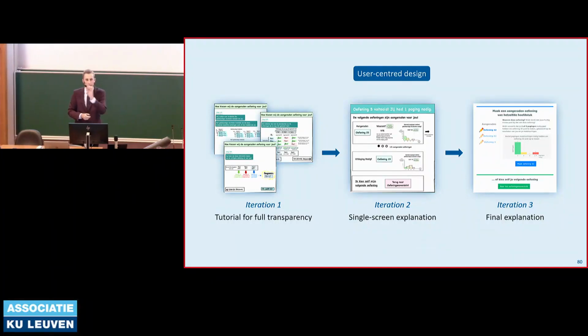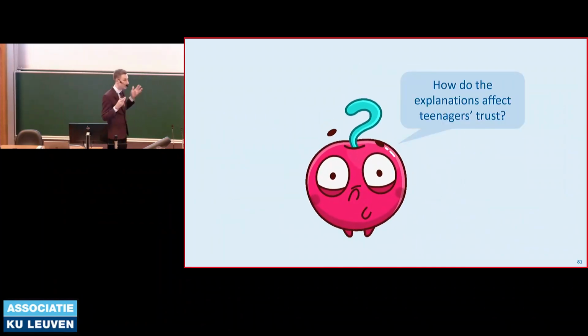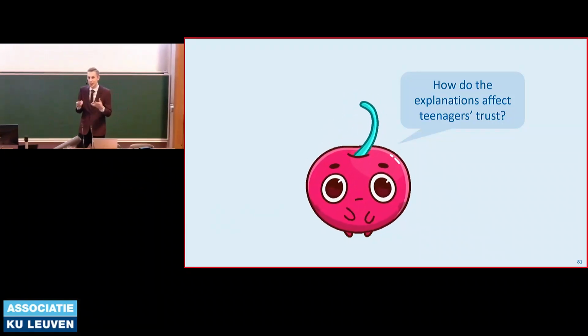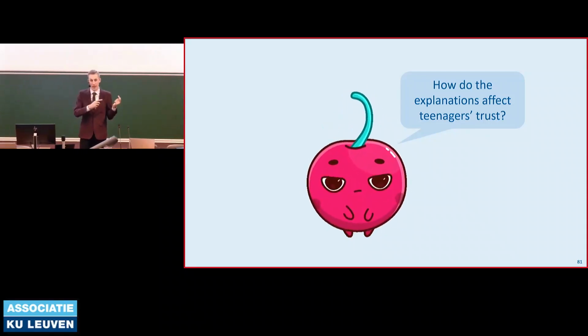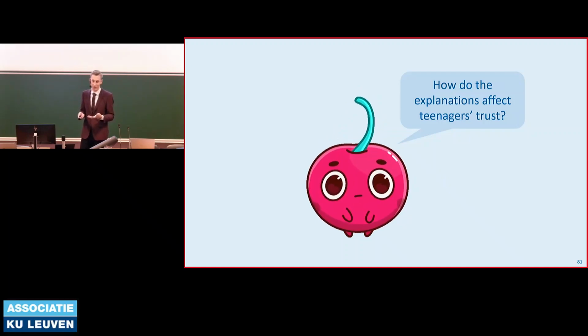They just wanted one simple screen, one simple visualization. That's the visualization that I showed you before. And again, we are researchers, so we're not just designing something, we also want to know what it does. Our question here was, how do these visual explanations affect teenagers' trust in the recommender system?